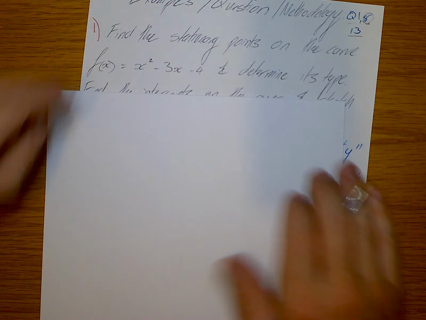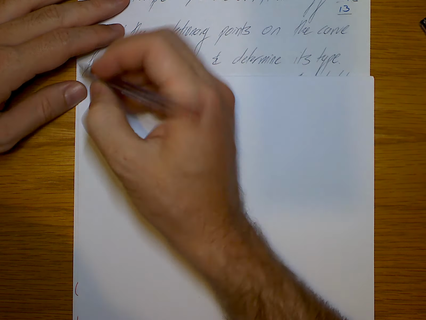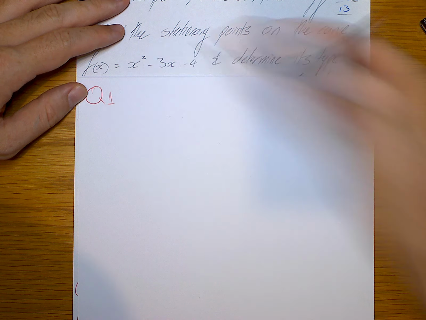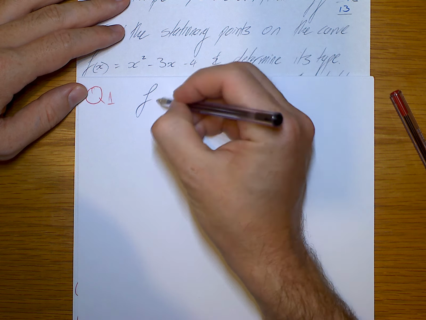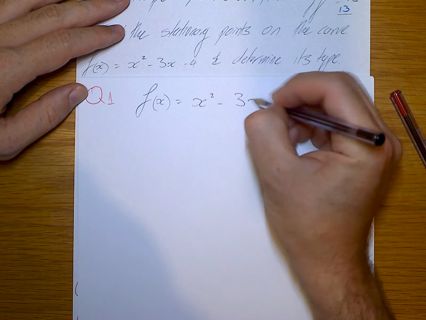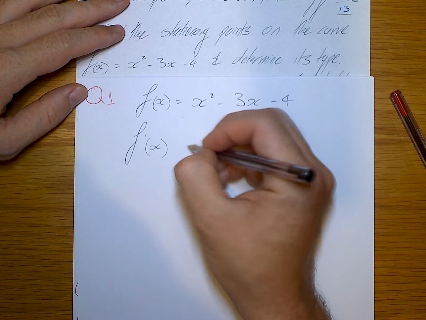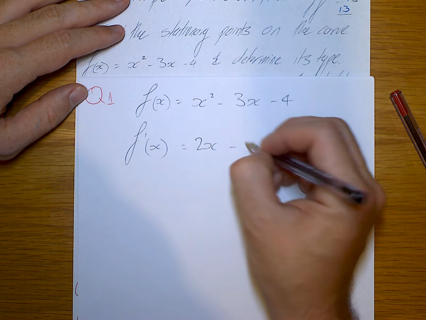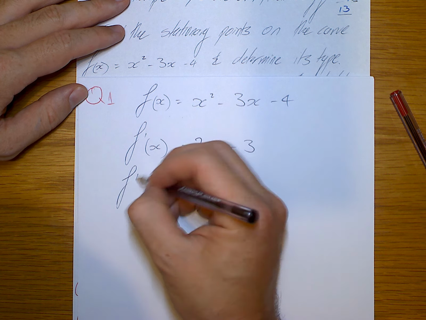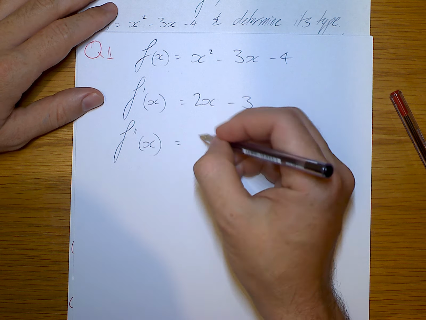Okay, I'm just going to copy that. And this is question 1. So my f(x) equals x squared minus 3x minus 4. f dash x equals 2x minus 3. f double dash x is just 2.